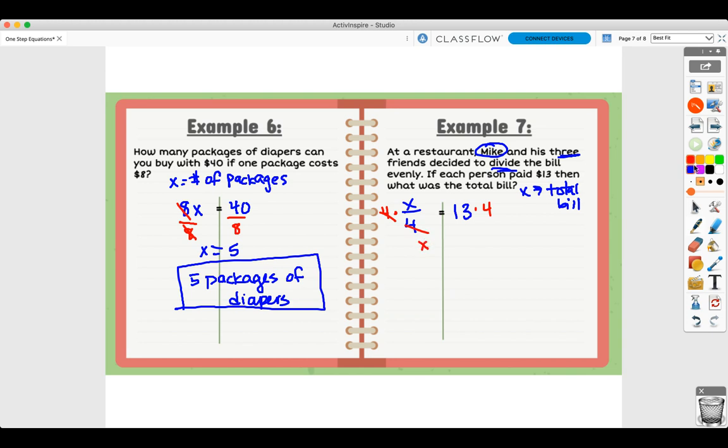X, whoops. You know how, guys, like, keep my colors together. X equals 13 times 4 is 52. So the total bill was $52, or is $52, whichever way you want to write it.